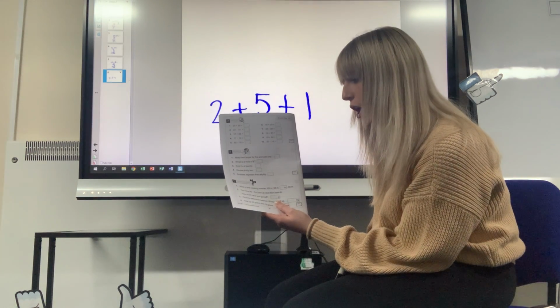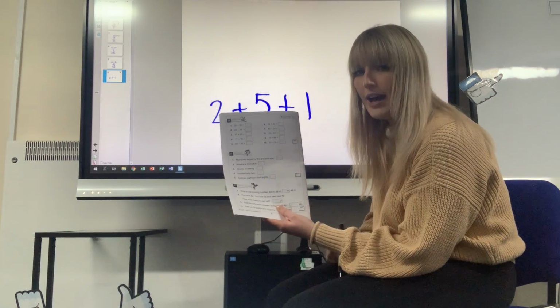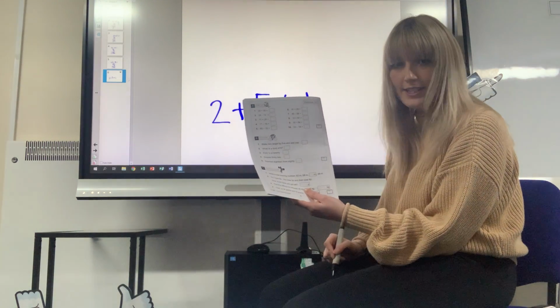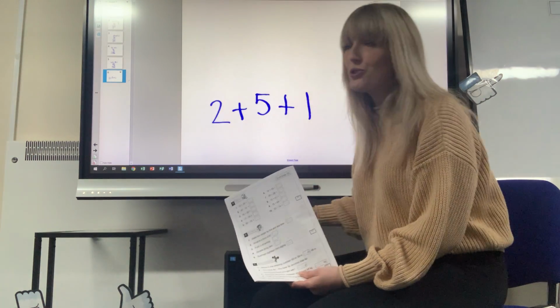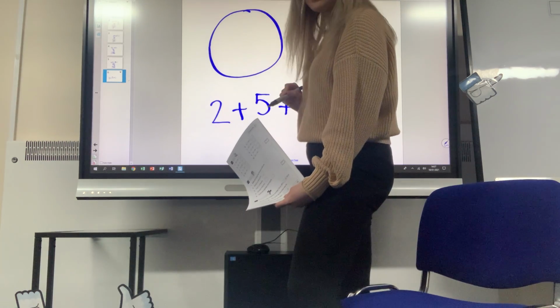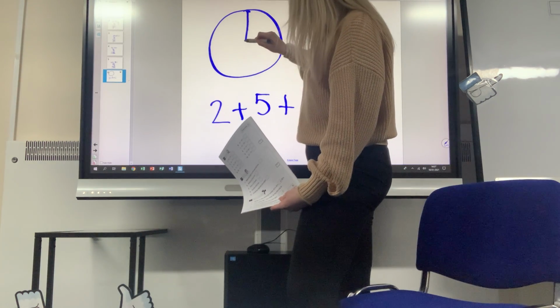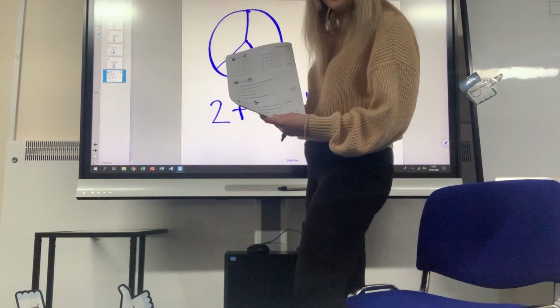Number 2, what is a third of 6? So a third means splitting it into 3. So this is where you can draw your pizza or your cake. So there is my whole. I need to split it into 3. So I've drawn 3 equal sections.